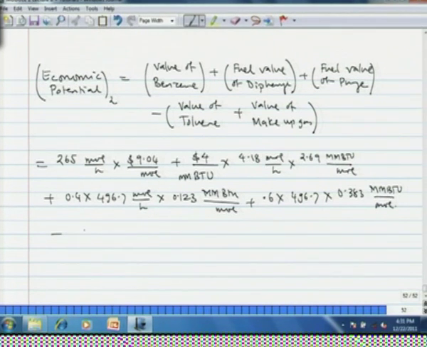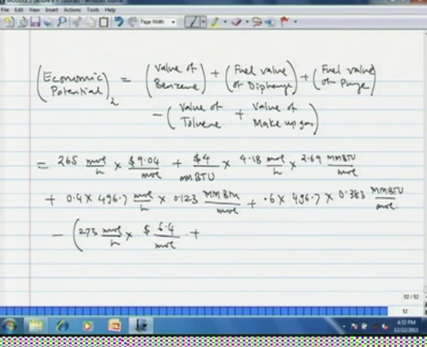Now minus the cost of toluene, that is 273 mole per hour into $6.4 per mole, plus the makeup gas, which was 492.5 mole per hour into $1.14 per mole.